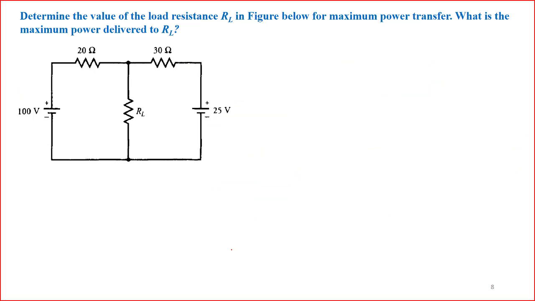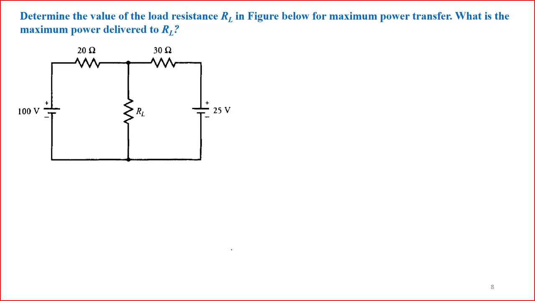Now this is a very simple circuit. Already you have studied these theorems, the Thevenin theorem, the Norton theorem, and the maximum power transfer theorem. So this is a small problem.